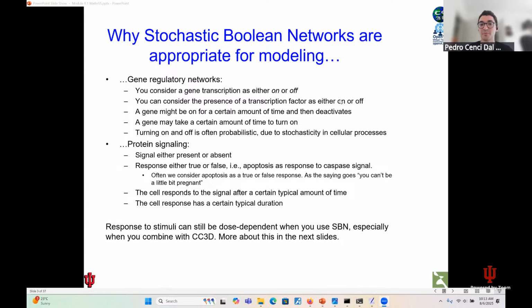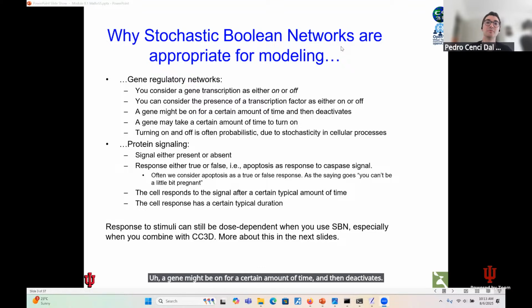You can consider the presence of a transcription factor as either on or off. A gene might be on for a certain amount of time and then deactivates. So Boolean networks also incorporate time in a certain way. So for example, if a gene is on for a certain typical amount of time, you can incorporate that in your stochastic Boolean network.